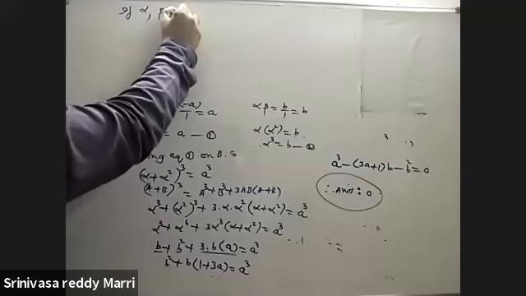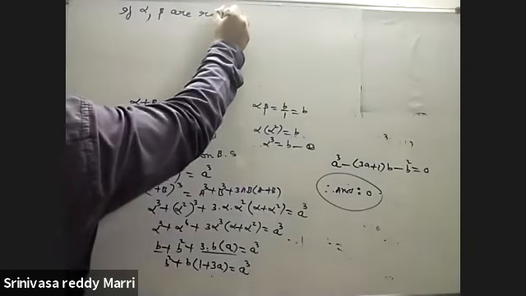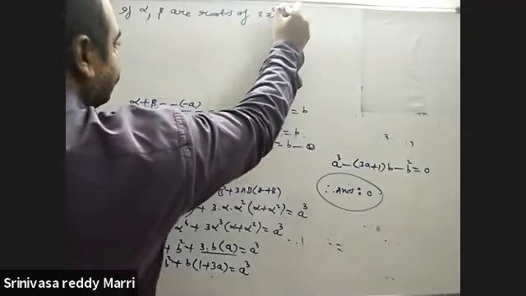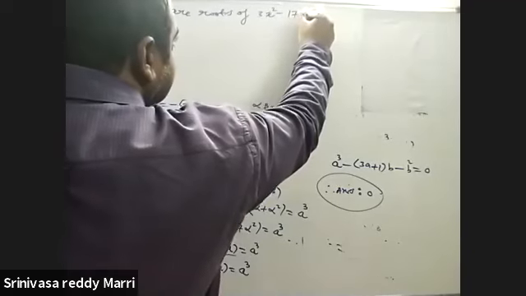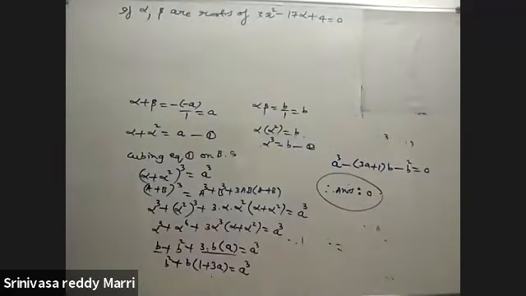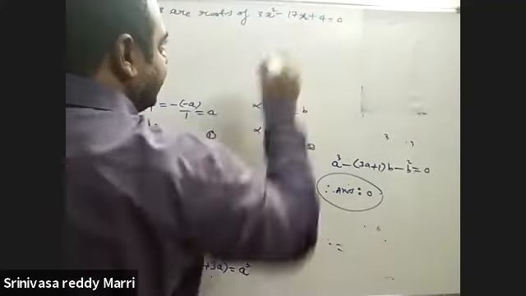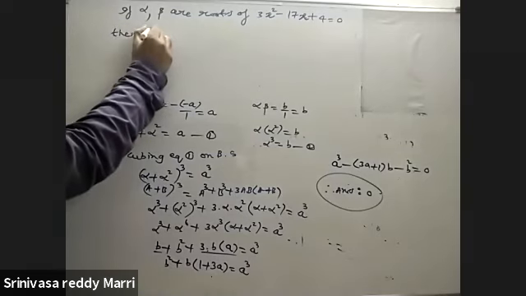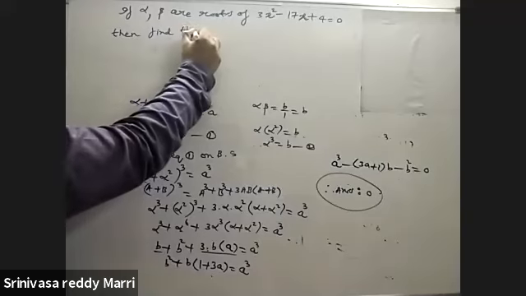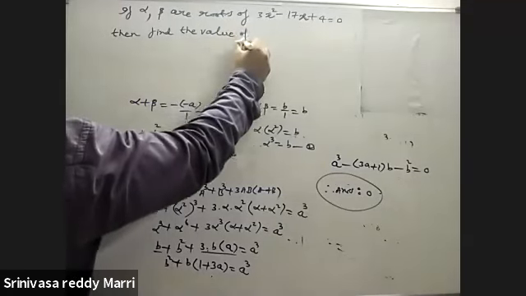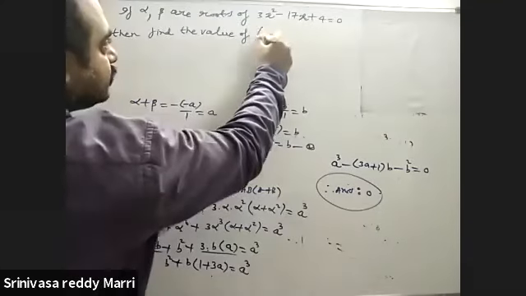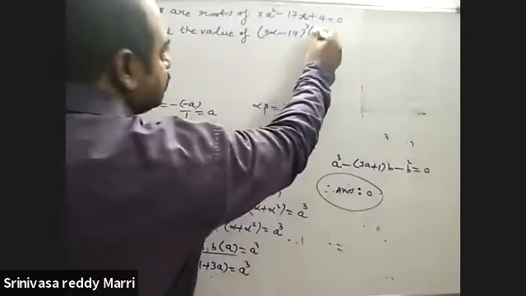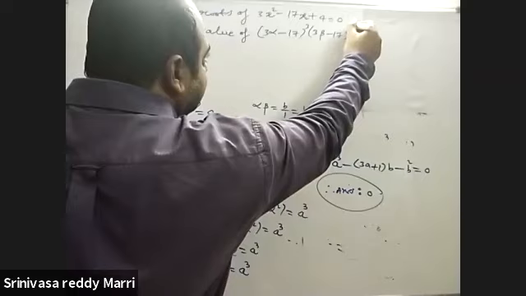If alpha, beta are roots of 3x square minus 17x plus 4 equal to 0, then find the value of (3 alpha minus 17) whole cube into (3 beta minus 17) whole cube.